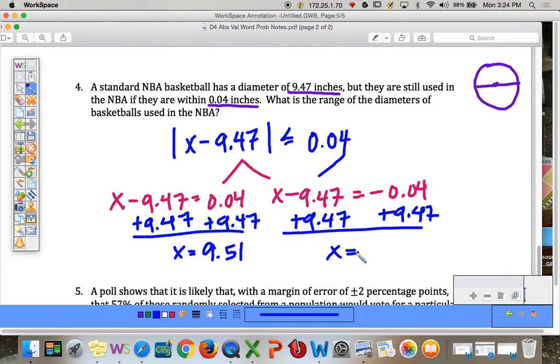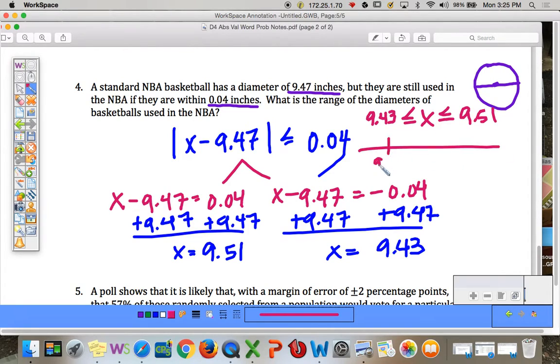And the low end that it can be is 9.43. So if a basketball is within these, I can write the inequality like this. 9.43 is the low end, 9.51 is the high end. You can graph it the same way. So a regulation basketball can be anything in between these numbers.